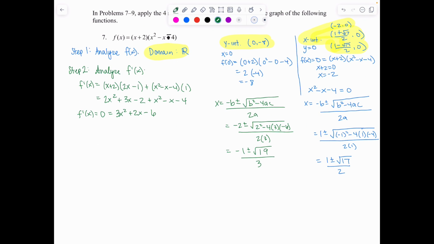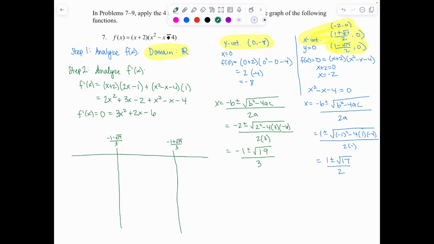So our partition numbers will be negative 1 minus root 19 over 3 and negative 1 plus root 19 over 3.